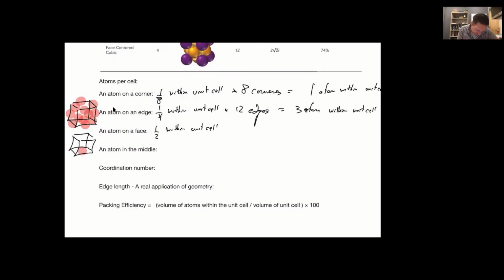The other half of the atom would be in the bottom unit cell. And how many faces do you have on a cube? 6 faces, times half an atom. So you have 3 atoms within a unit cell when you're talking about faces.